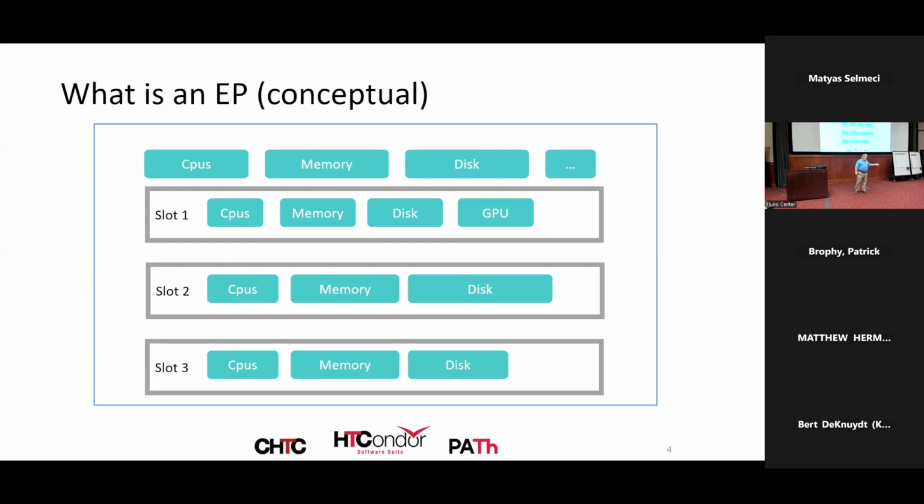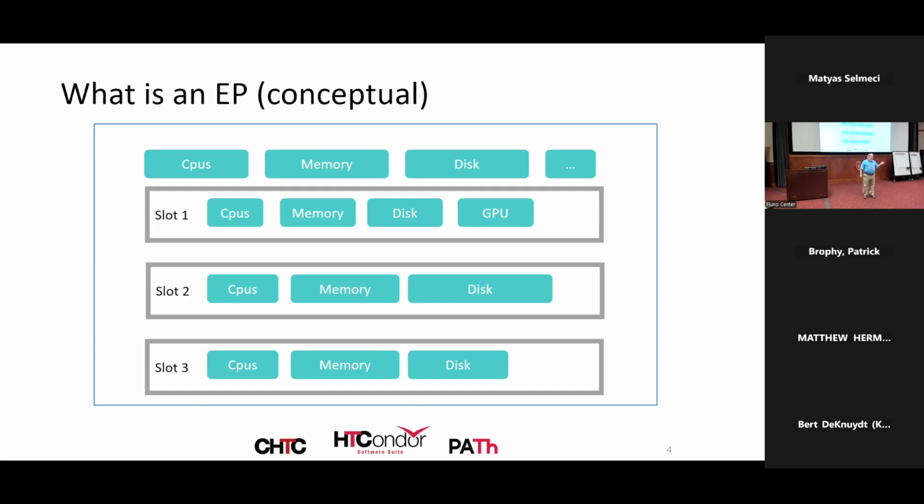You can create custom resources, of which GPUs for a long time was one. Now, GPUs are also sort of automatic. If we detect their presence, then the EP will manage them, but you can also just specify, I have this many GPUs. And then what the EP does is create slots. And each slot is a bundle of resources that an access point can claim and then run jobs on.